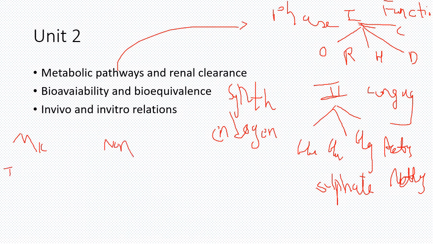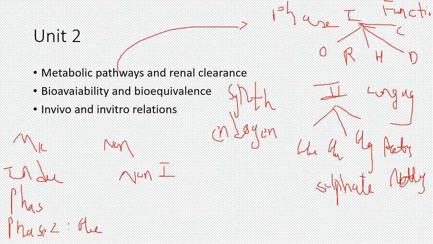Microsomal are basically inducible and they are responsible for all phase 1 reactions. In phase 2, it just covers the glucuronidation. In non-microsomal, they are non-inducible. Phase 2 majorly, except glucuronidation, it covers all the phase 2 reactions.